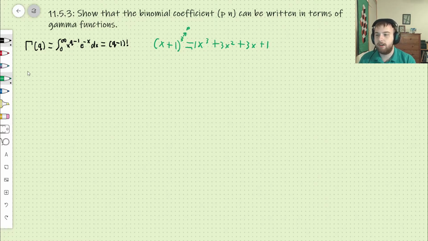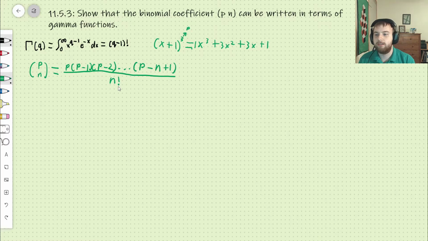Usually the typical definition is p choose n equals p times p minus 1, p minus 2, all the way down to p minus n plus 1, and this is all over n factorial.